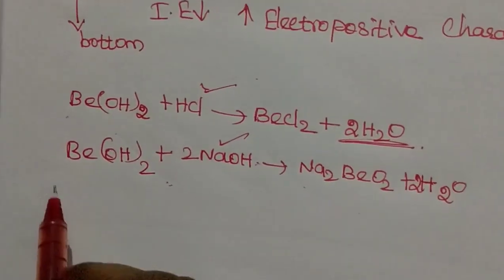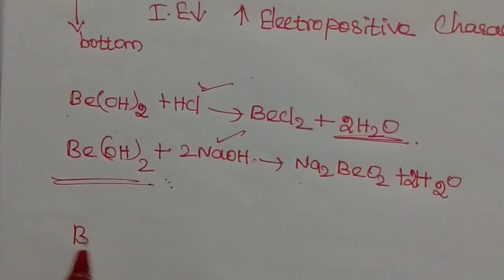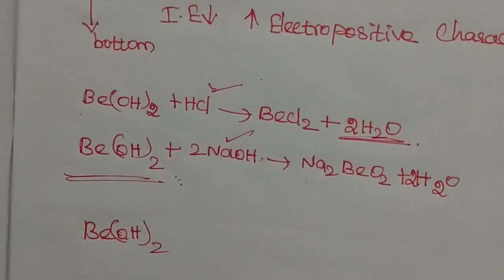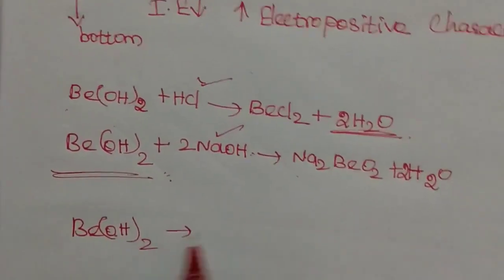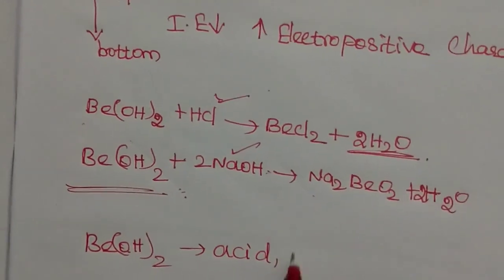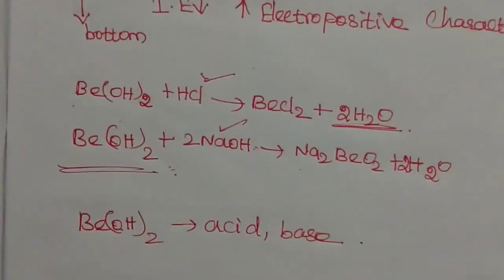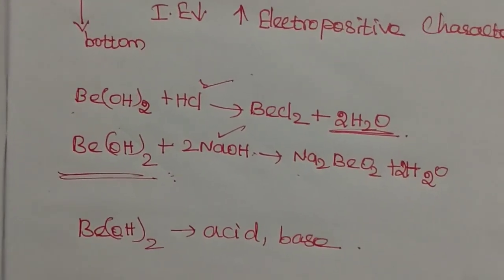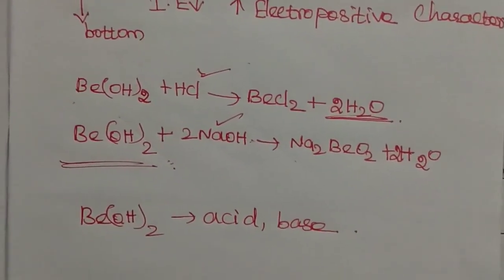So some hydroxide compounds have the ability to react with both acid and base. This character of reacting with acid and base is amphoteric in nature.